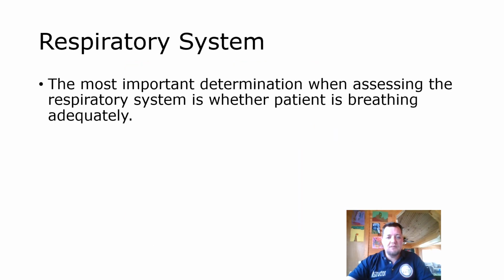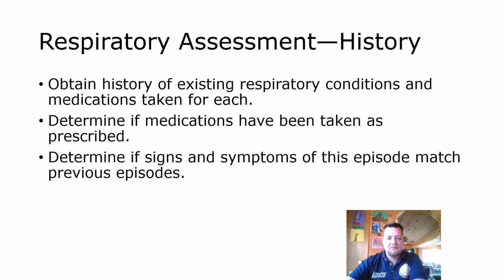So body systems examinations. In the respiratory system, the most important determination when assessing the respiratory system is whether or not that patient is breathing adequately. Our history: for the respiratory system, obtain a history of existing respiratory conditions and any medications that they take.